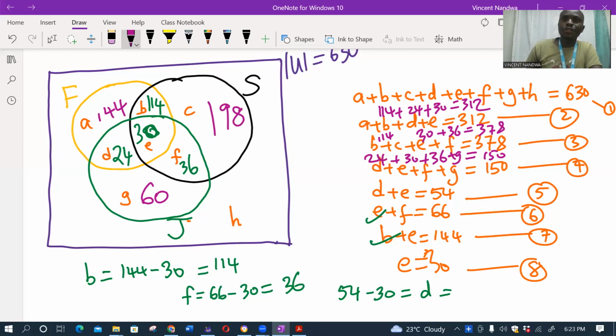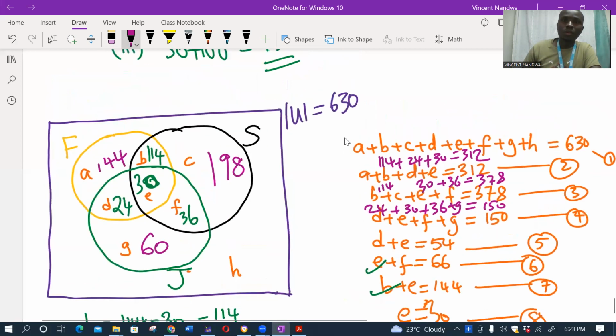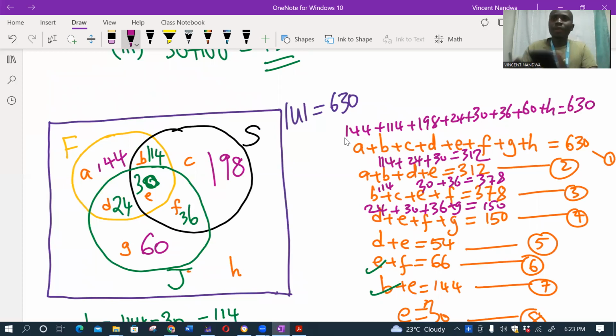Now to get H, the only remaining unknown, we know that A is 144, B is 114, C is 198, D is 24, E is 30, F is 36, G is 60. When we add H, we get the total, which is 630.